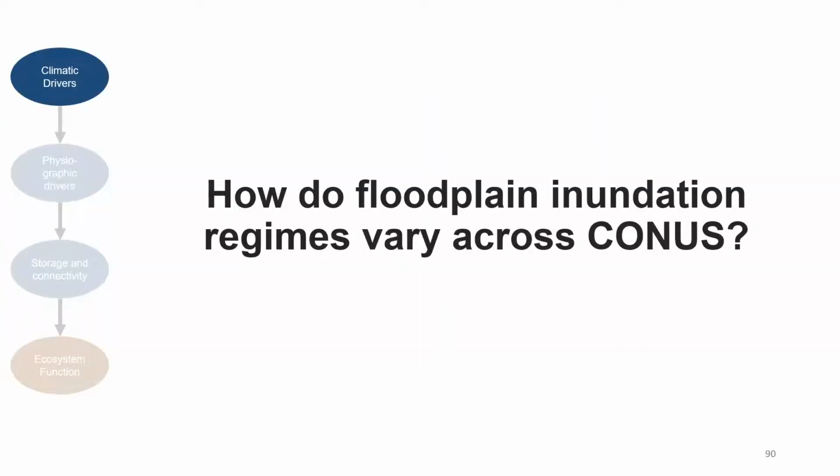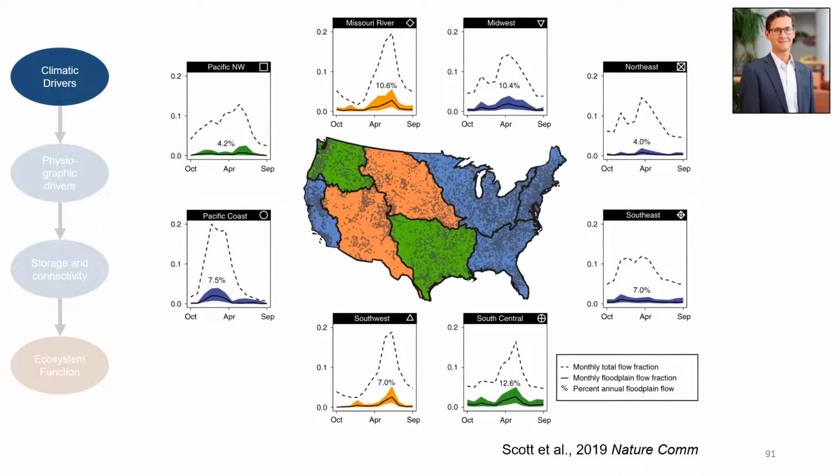And so just like the other parts of this presentation, we wanted to know, how does floodplain inundation vary across CONUS? And similar to the previous plots, we can look at how flooding varies seasonally. Importantly, this isn't just timing. This is the proportion of flux into the floodplain.